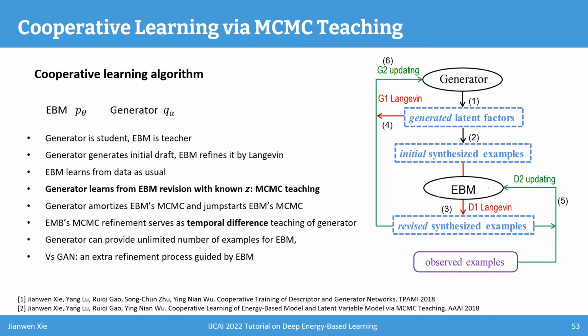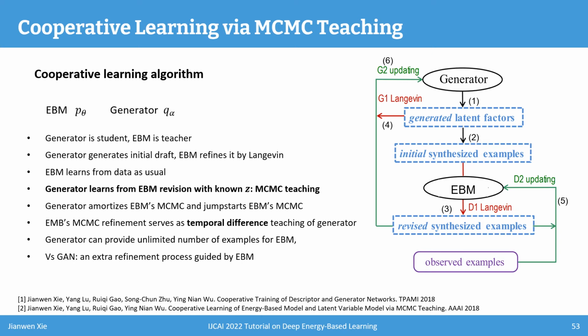In step 3, starting from the initial synthesized examples produced, we run Langevin revision dynamics for a finite number of steps to obtain the revised synthesized examples. In step 4, the generator can learn from the revised synthesized examples produced by the EBM.